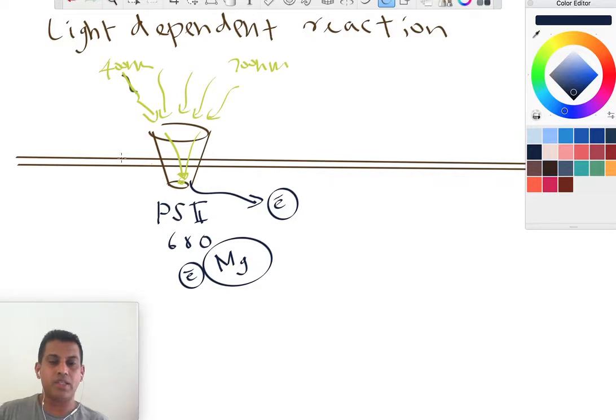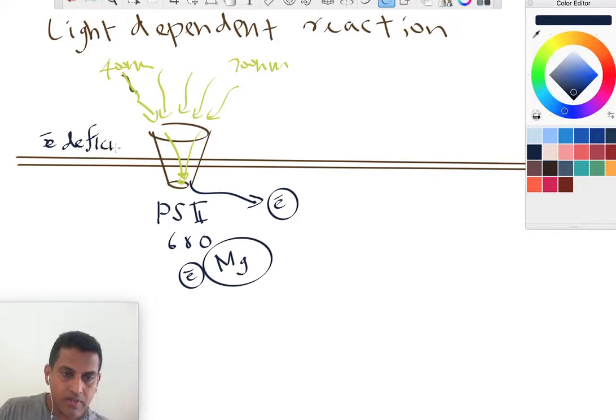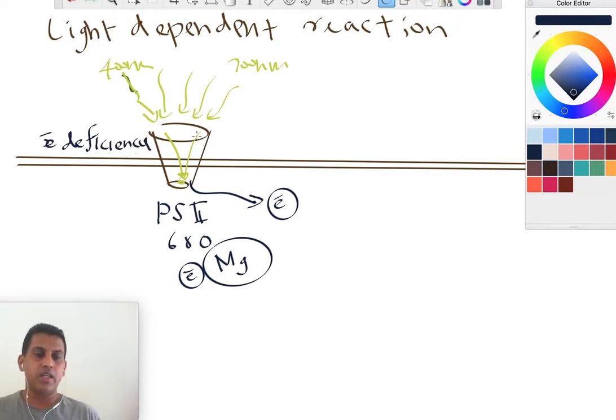Now we can say there is an electron deficiency in photosystem 2. So they have created electron deficiency in the photosystem 2. Now this deficiency is filled by a molecule called Z protein.